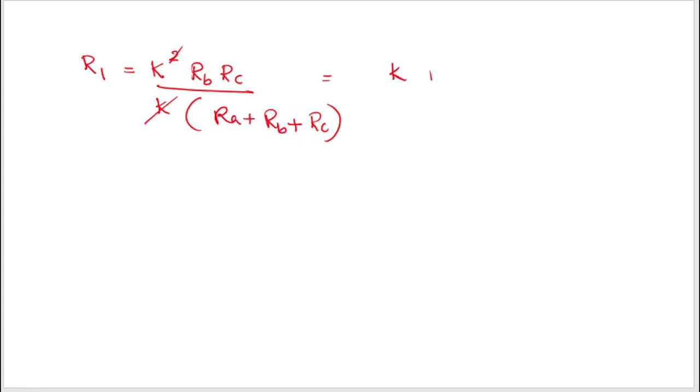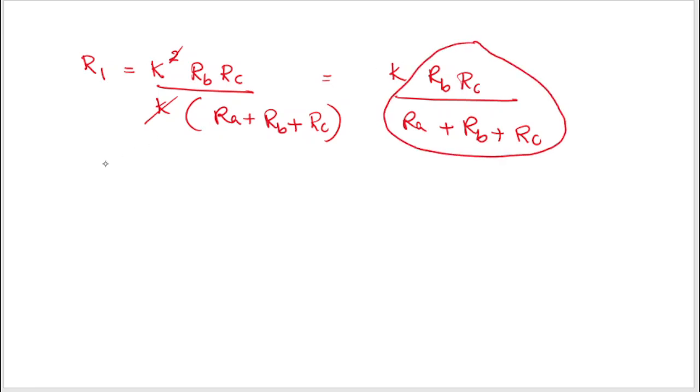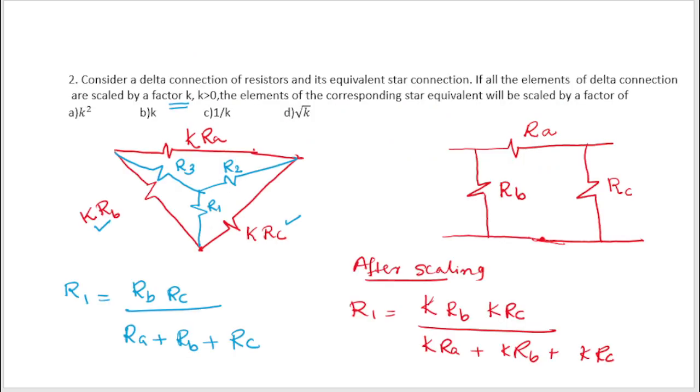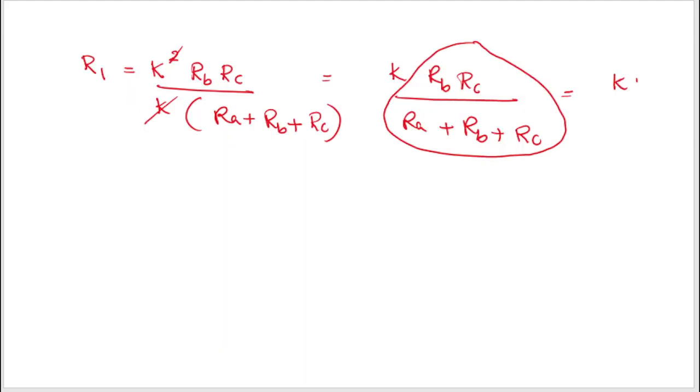We get k RB RC divided by RA plus RB plus RC. The term RB RC by RA plus RB plus RC is what we obtained earlier before scaling, that is R1. So we get that R1 is converted to kR1. Similarly, R2 will be converted to kR2 and R3 will be converted to kR3.